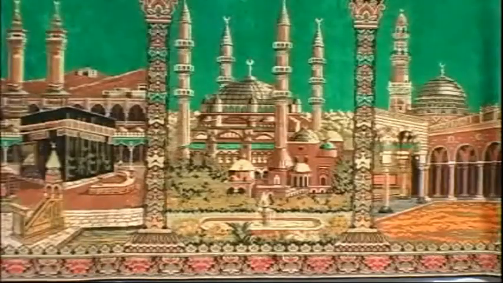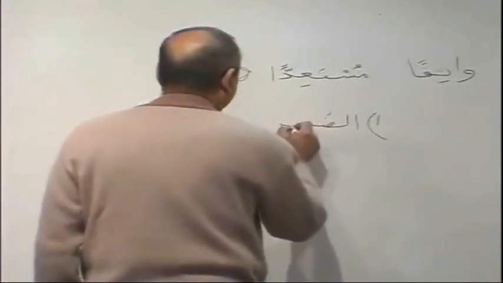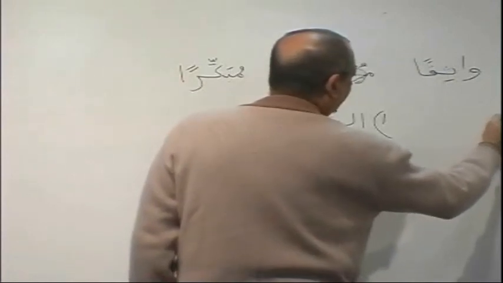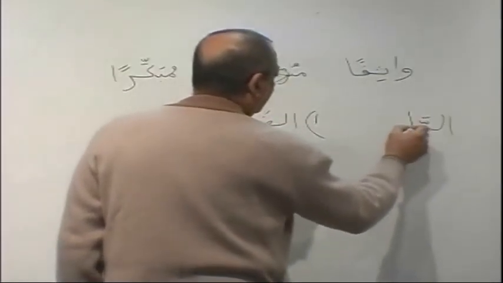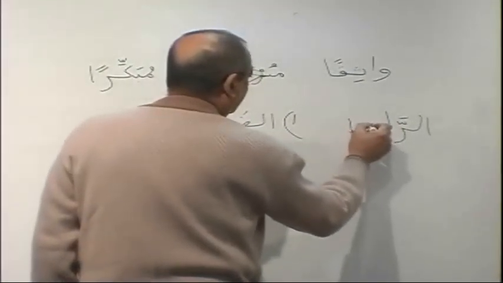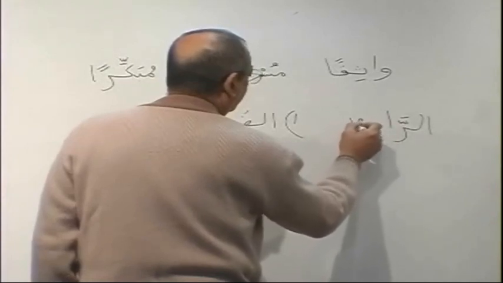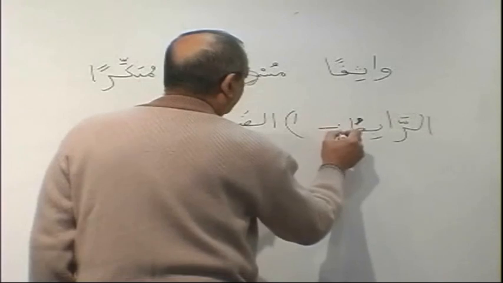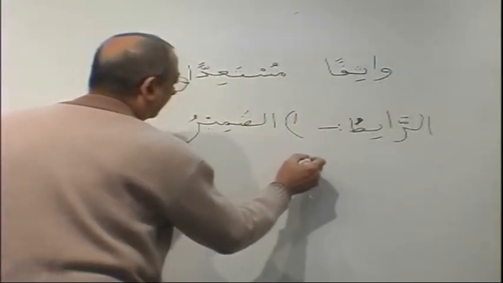Hajajtu wa ana saghirun. Now, you got to remember one thing. I'm writing again, brother. Number 1. Damir. I'm writing. Rabita can be number 1, damir.